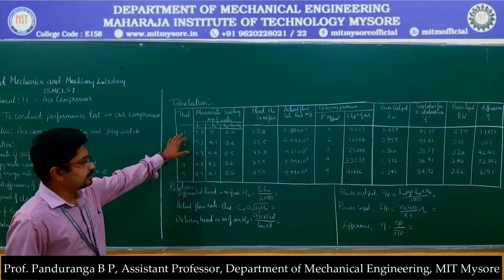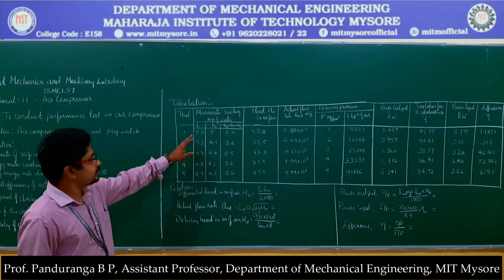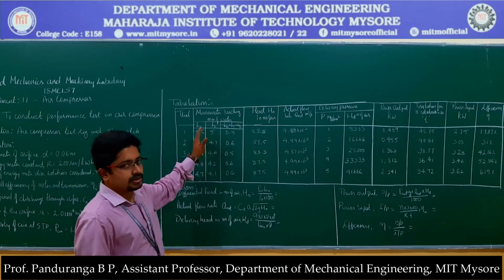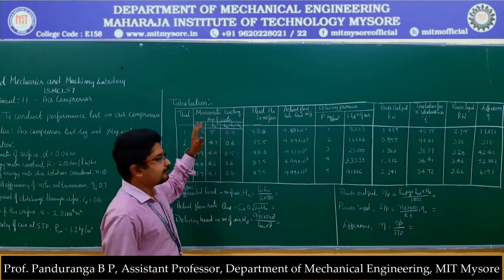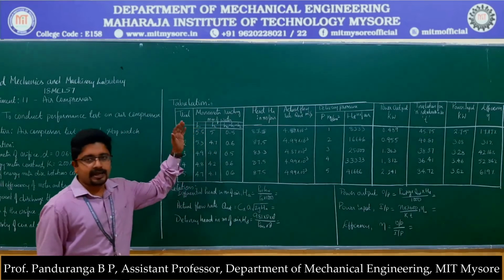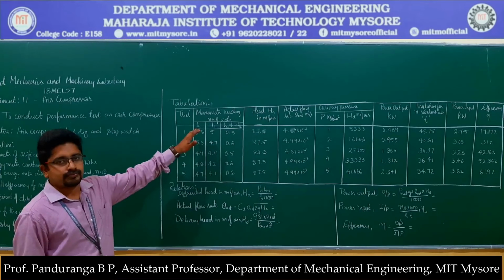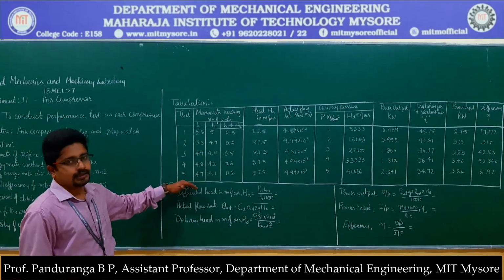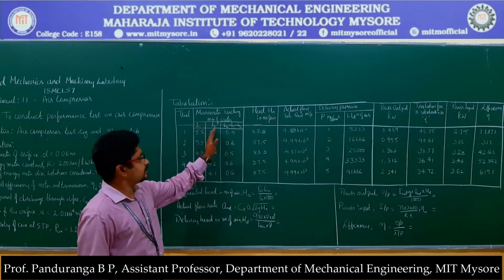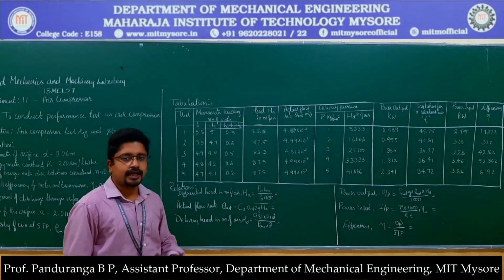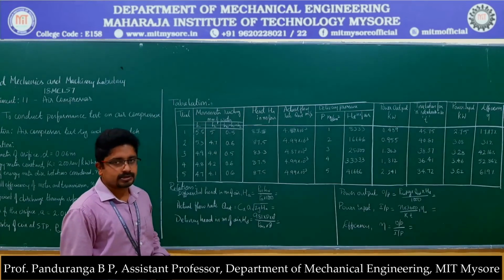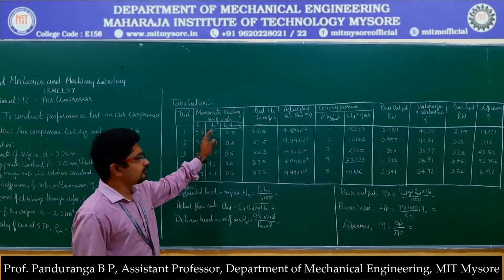So I have tabulated here all the values for different trials. We have H1, H2, these are the manometer readings. H1 and H2 are the heights of the manometer limbs. These will be in terms of water.